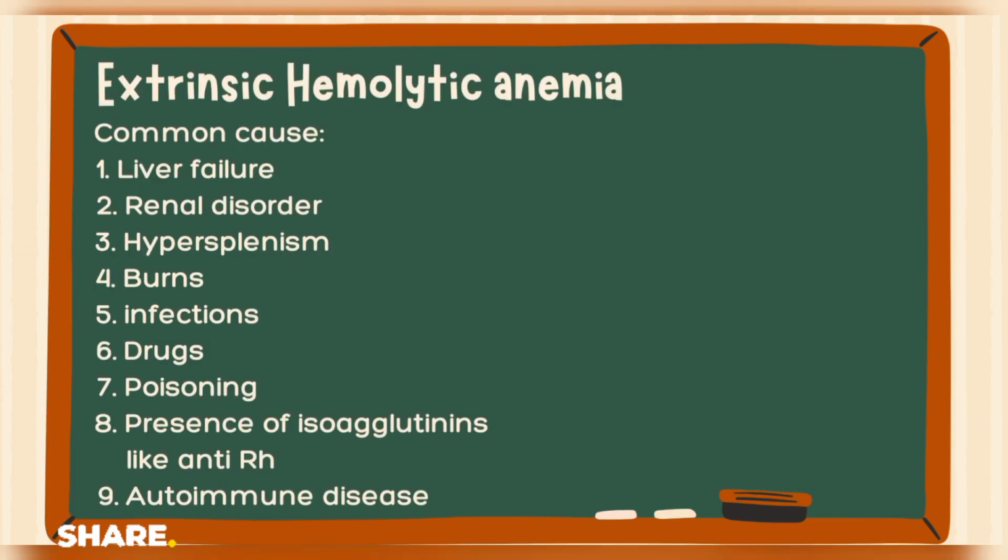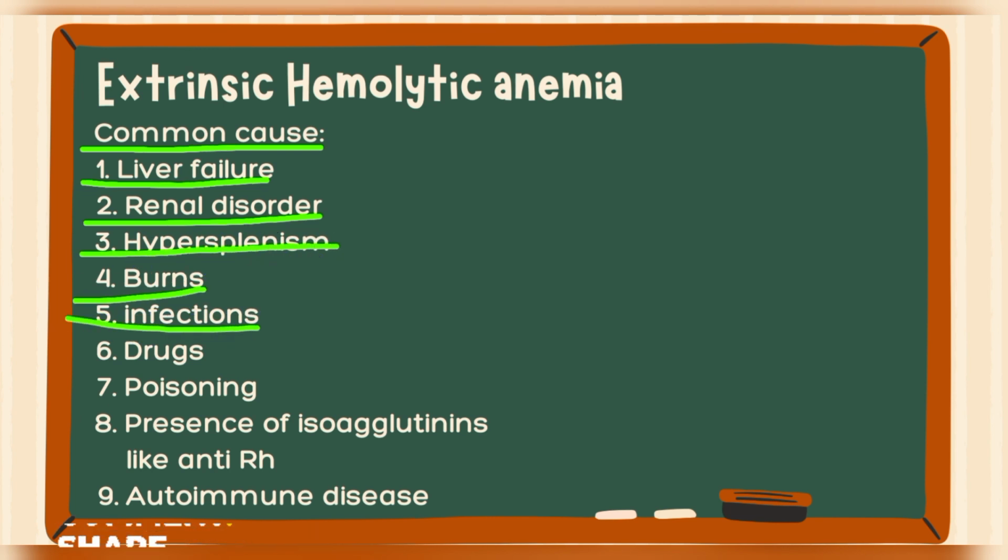Some of the common causes that lead to extrinsic hemolytic anemia are liver failure, renal disorder, hypersplenism, burns, infections like hepatitis, malaria, septicemia, then drugs like penicillin, antimalarial drugs, and sulfa drugs.